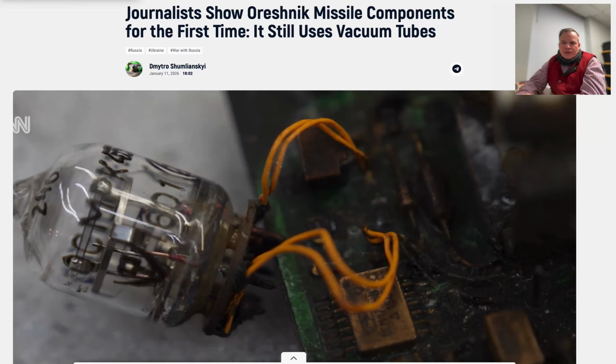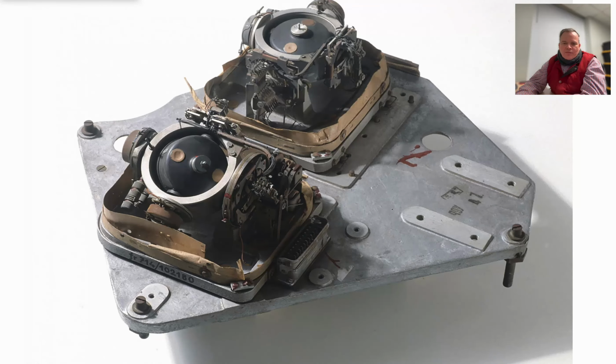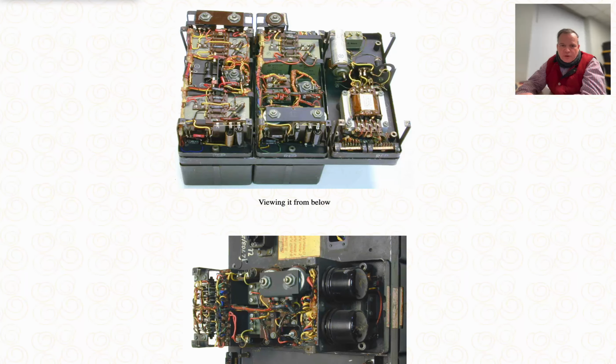So let me go back to the beginning of the period of rocket development. First, we have the V2, which was developed by the Nazi scientists. So here's part of their guidance system, and this brought signals to the V2 computer.